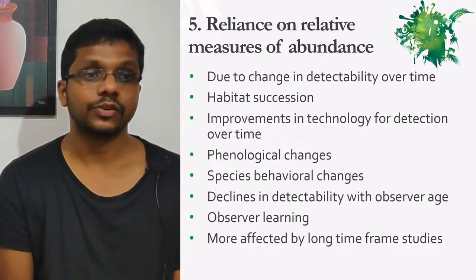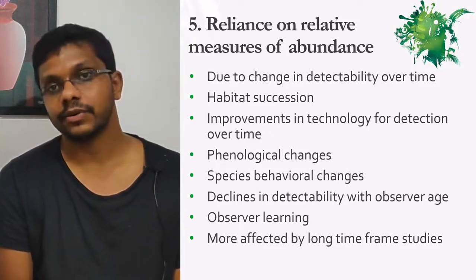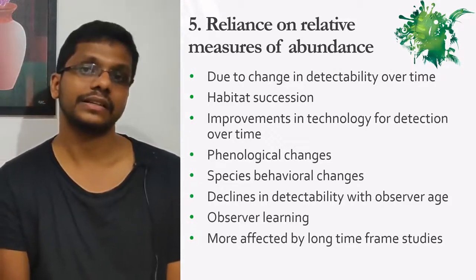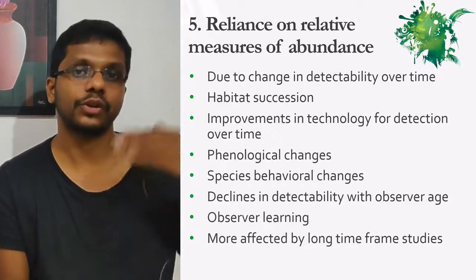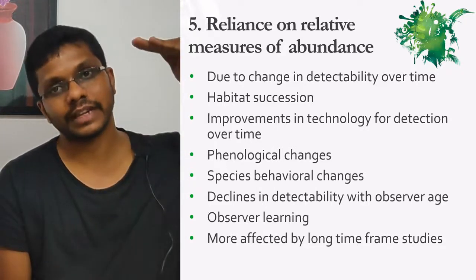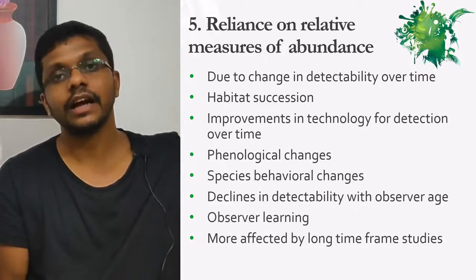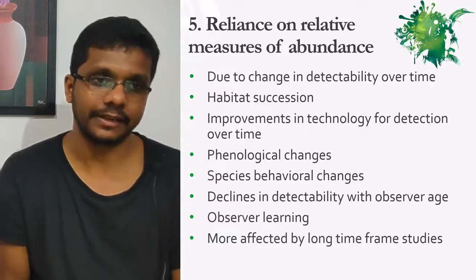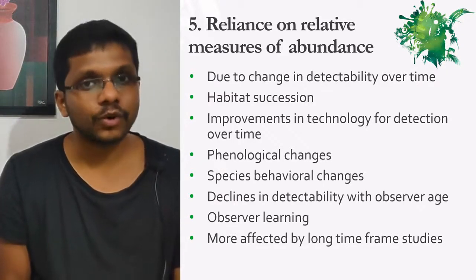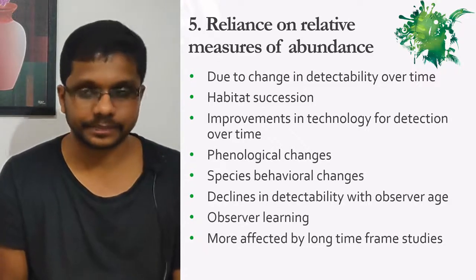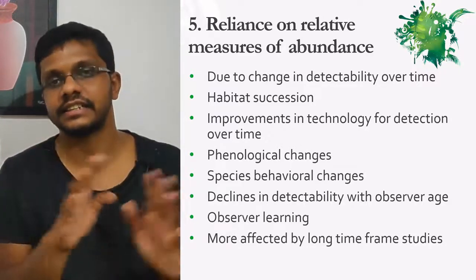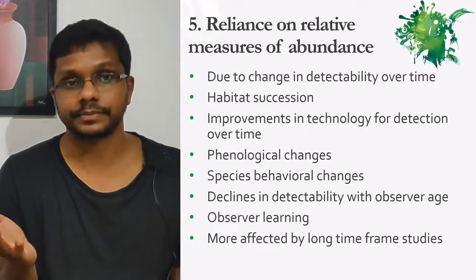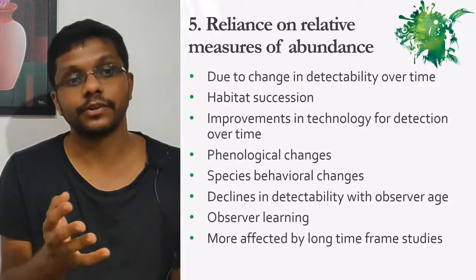And next, reliance on relative measures of abundance. In most index calculations, we are representing our data relative to the previous year or a baseline year, showing how much the population has grown or decreased. That's the main way of representing. But there is always a chance of change in detectability. Detectability of an organism can change for many reasons, maybe due to habitat succession, or maybe because we are using better techniques.